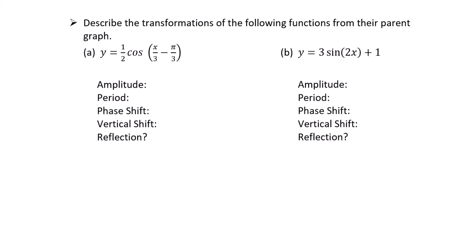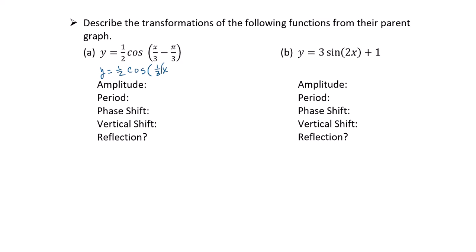Describe the transformations of the following functions from their parent graph. Here, y equals 1/2 cosine of x over 3 minus pi over 3. It might be a good idea for you to rewrite this. If you don't see it right away, this is 1/2 cosine of 1/3 x minus pi over 3.